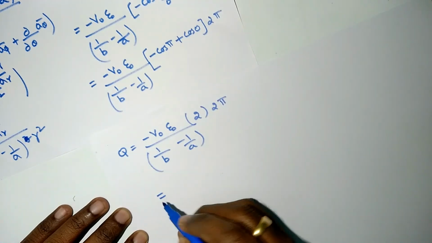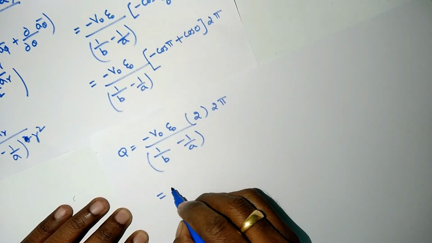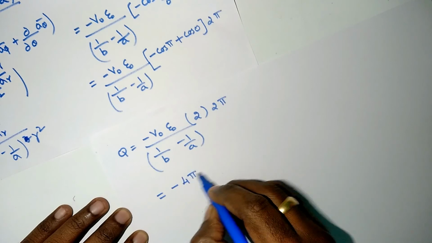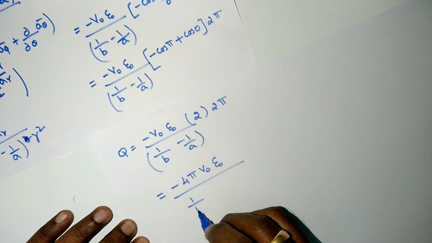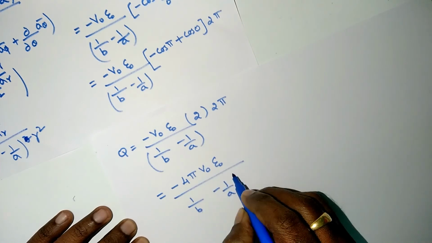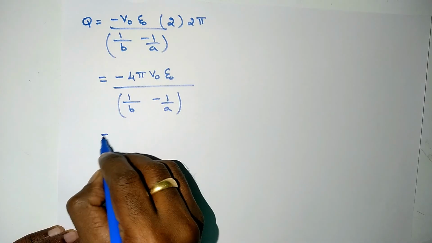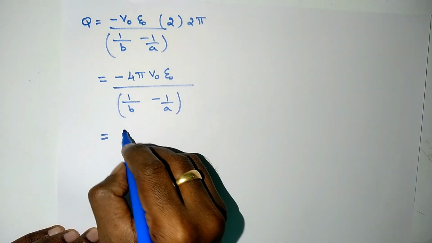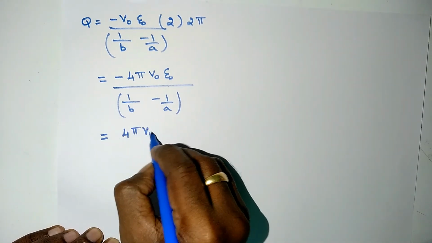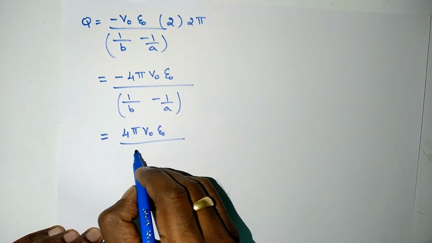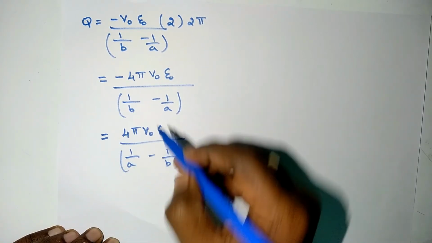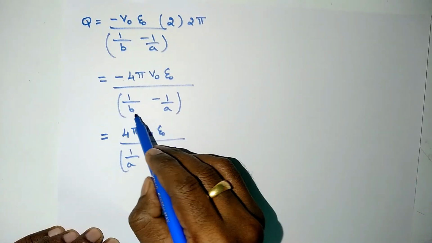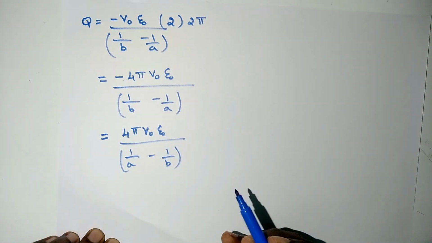So this will be equal to minus 4 pi V naught epsilon naught divided by 1 by B minus 1 by A. So this can be written as 4 pi V naught epsilon naught divided by 1 by A minus 1 by B. This negative term has been multiplied within this bracket.